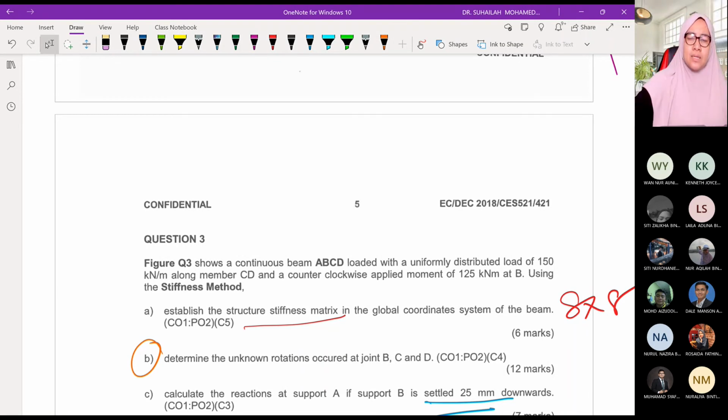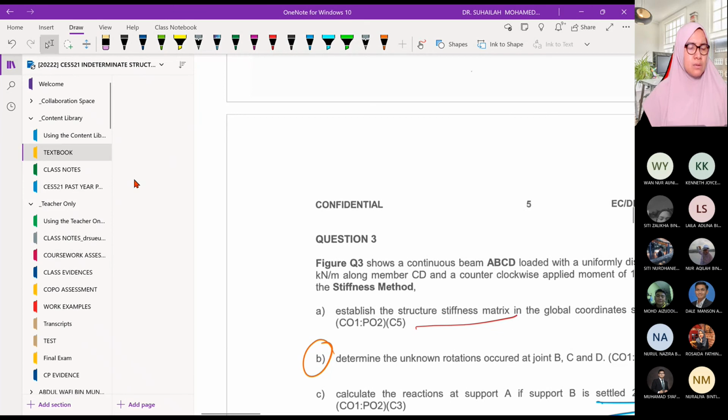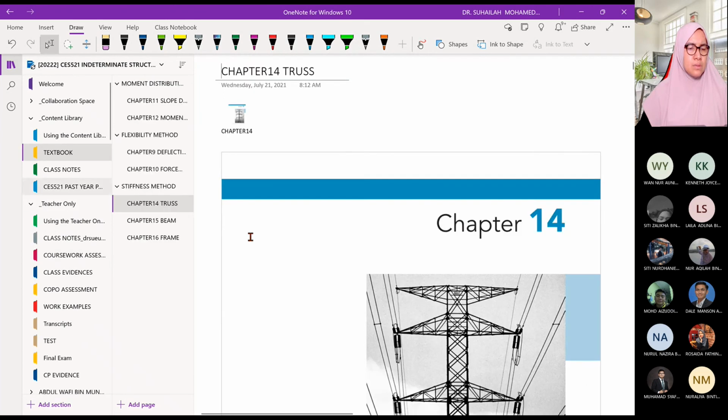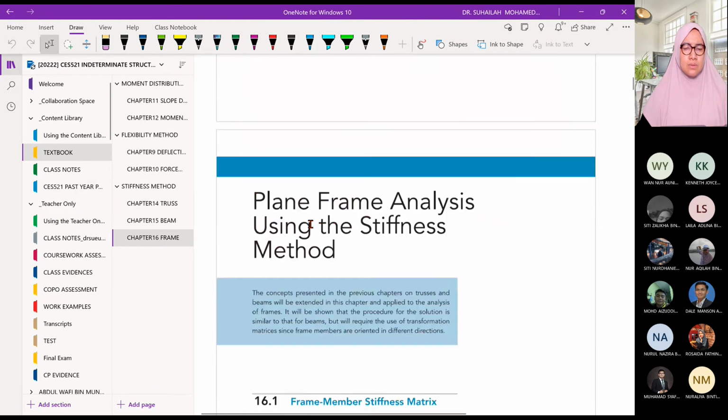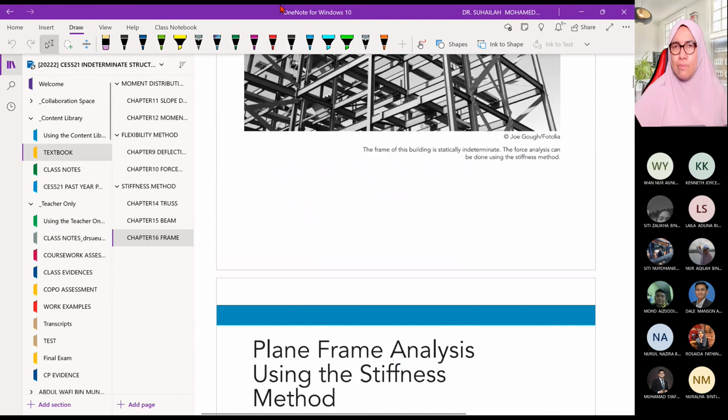Okay, nota frame nanti saya masukkan. Saya rasa textbook pun ada kat sini. Okay, frame ni. Okay, I will give you one frame question, covers 10% assignment.